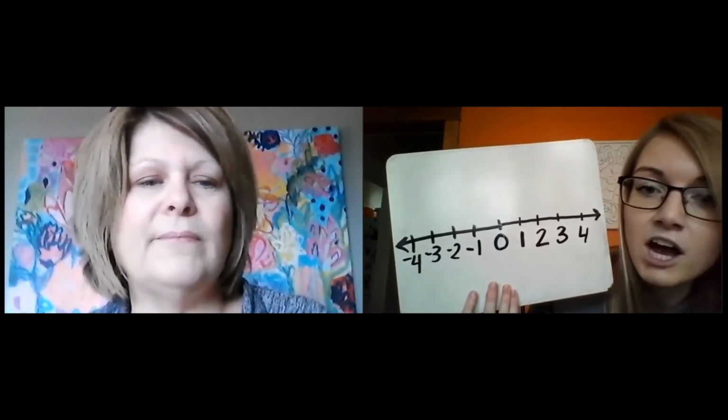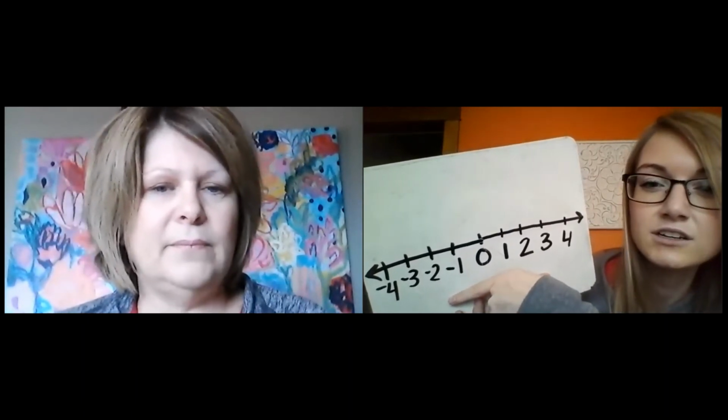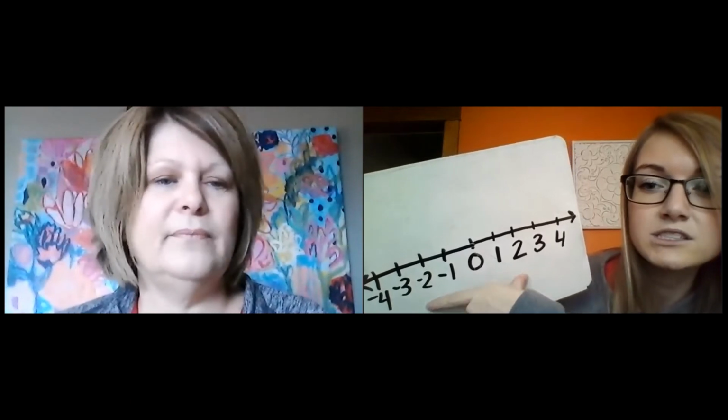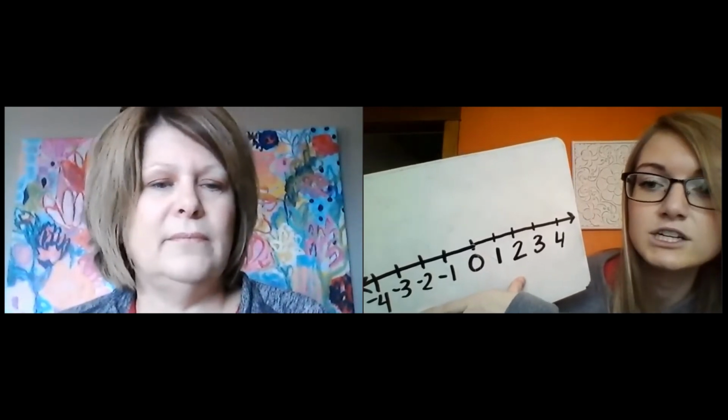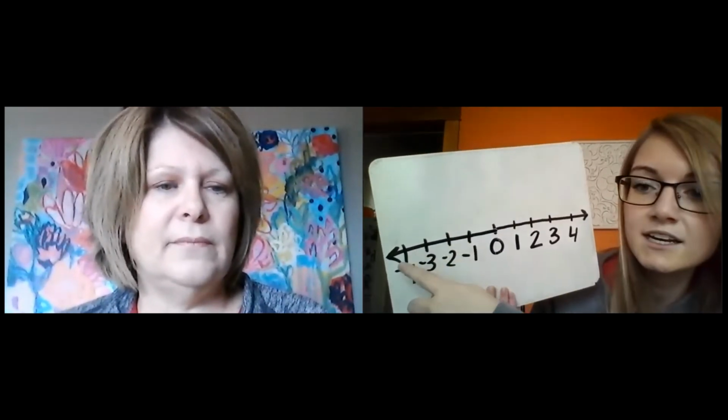There's like a -100, -1,000,000. You could keep going forever. Another way to think about positives and negatives is the temperature. In the winter, sometimes it gets 10 degrees below 0, so we'd be looking at a number over here. And in the summer, when it's really hot, we're looking at numbers over here.